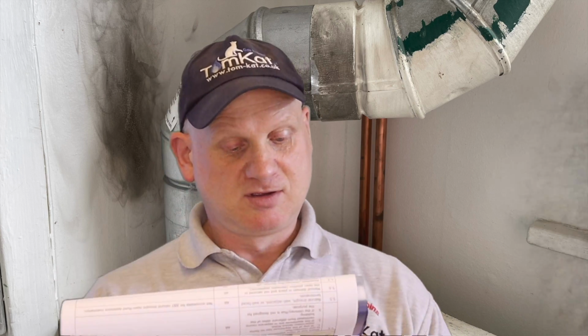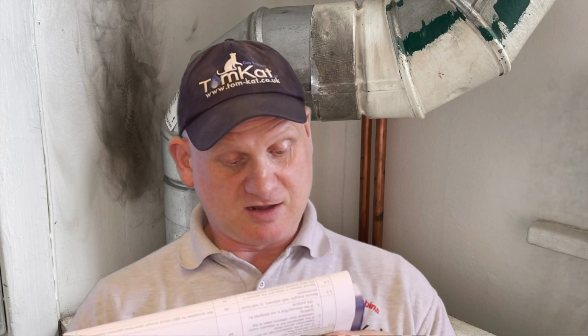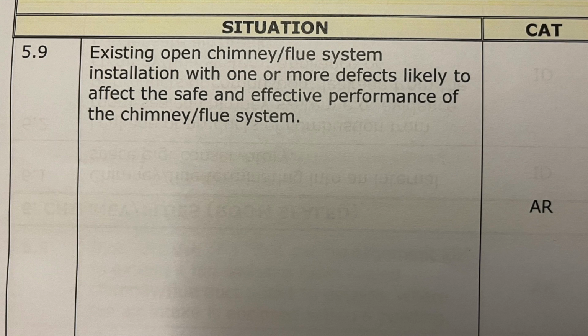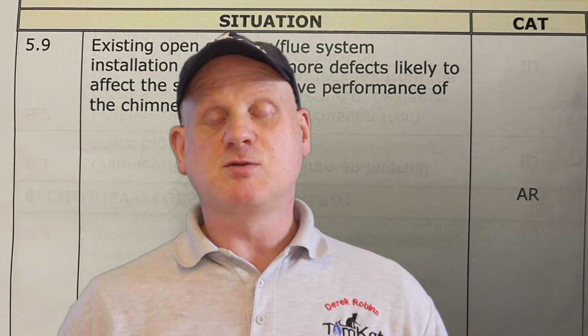IGEM G11, page 31 it is, and it's 5.9, it says, existing open flue chimney systems installed with one or more defects likely to affect the safe and effective performance of the chimney and flue system. And it says we will classify them as at risk.